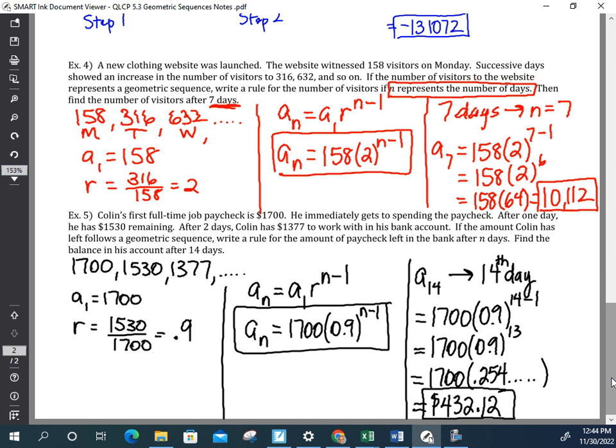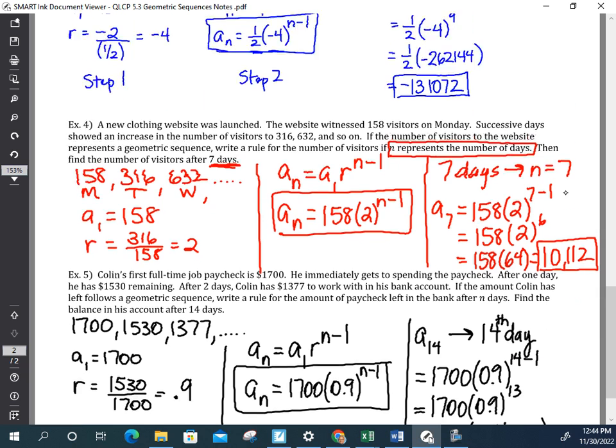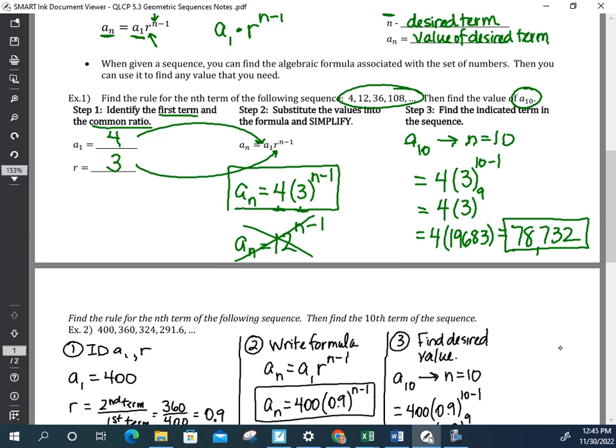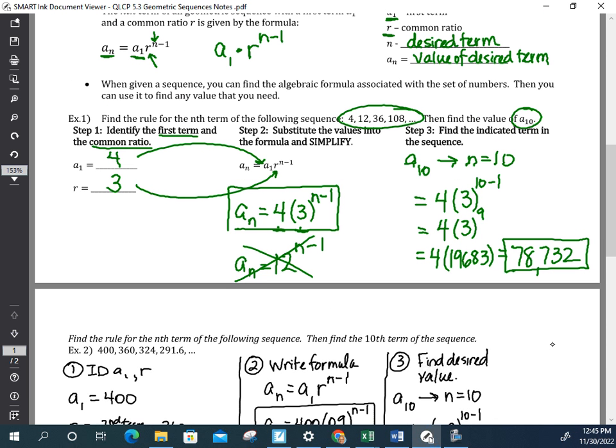Other than that, that's it. As you can see, geometric is a little bit more user-friendly. Trade-off, your numbers could get pretty big pretty quickly. But the steps are still the same: identify the first term and common ratio, substitute into the formula, and then solve it on out.